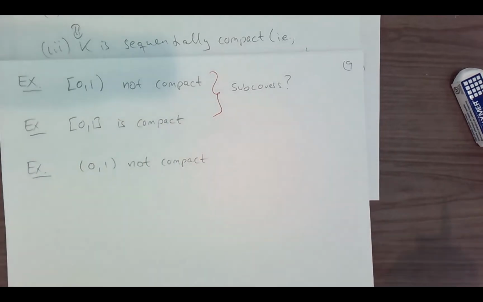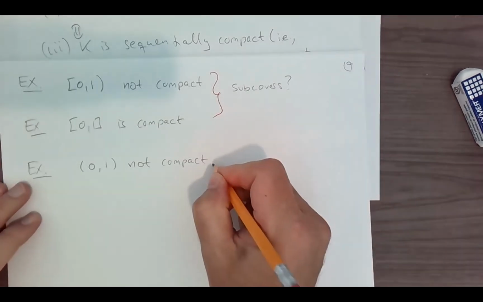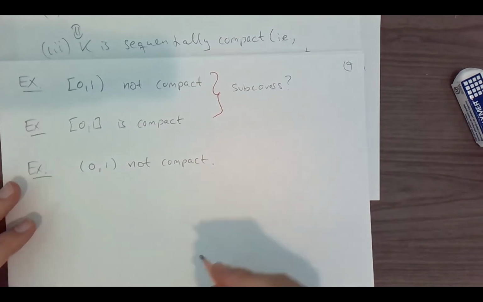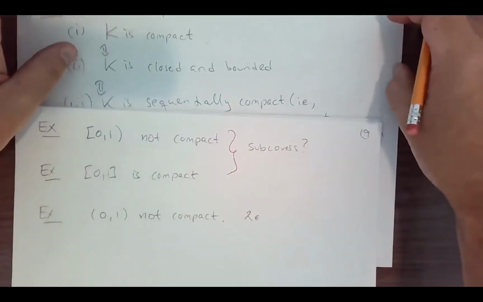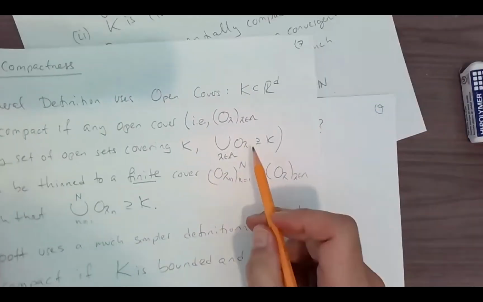Yeah, so Priya, this is spot on. This is what I'm trying to do here about the open cover. So this is not compact. Okay, so that means that there should be a cover that can't be thinned. So let's try to look at a specific cover. I'm indexing my covers by lambda, so I'm going to continue to do that.